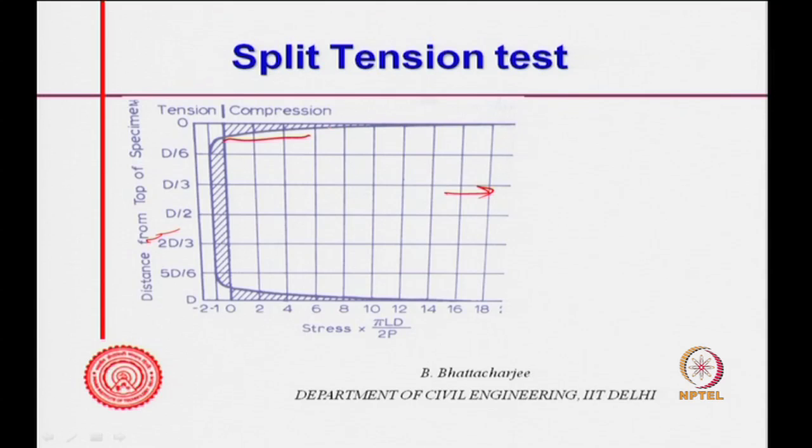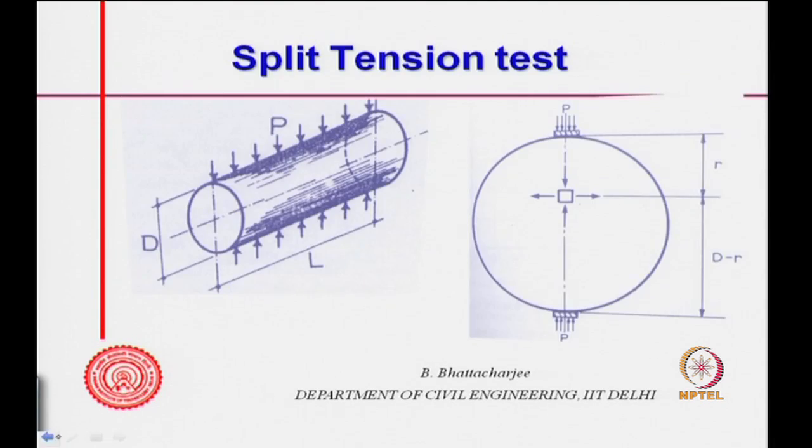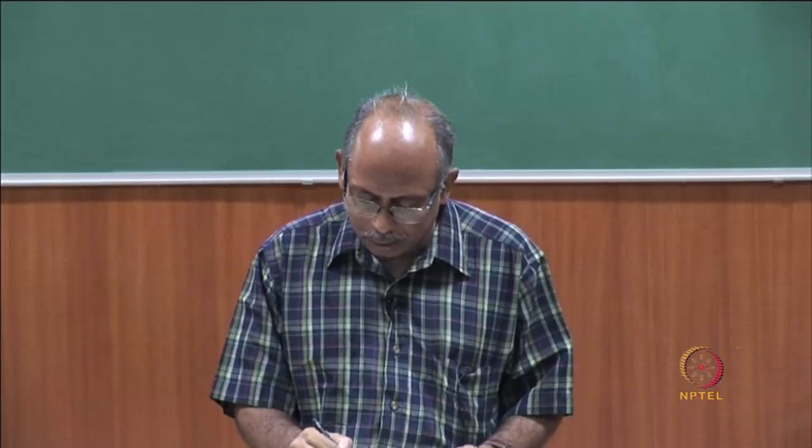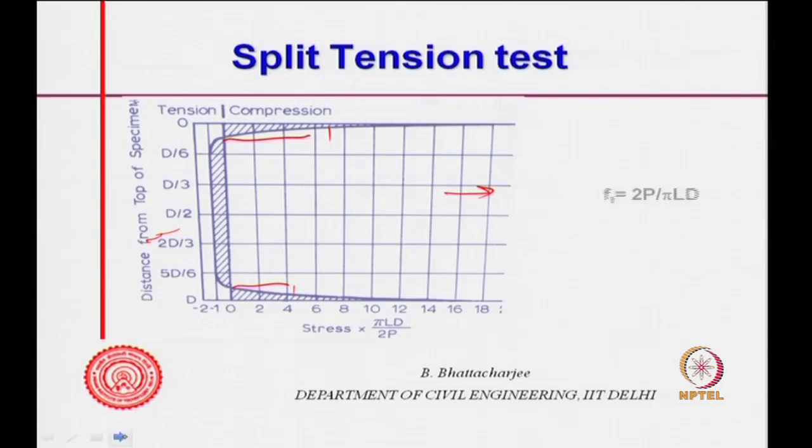Only a small top portion is under compressive load, because we are applying compression here. Only a small portion is compression; the rest of the portion is actually tension, so it is trying to split along this direction. You can see this is because of the shape of it, or the kind of load you have applied.